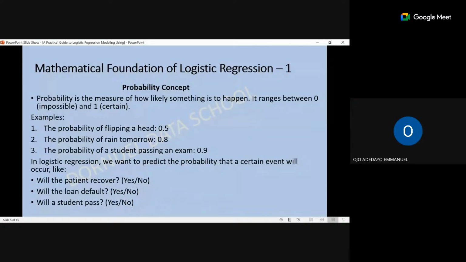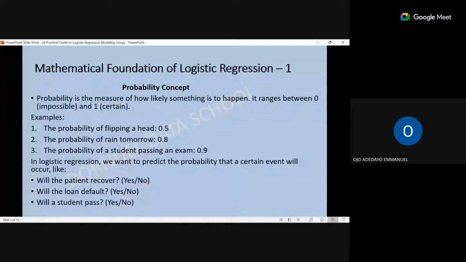But you, as a data scientist, should be able to know what is going on inside and what is coming out, so that if there is any error in the output, you should be able to know where to trace it to. So that is why I have to expose our eyes to this mathematical concept. If you want to be a good data scientist, you must have a little knowledge of mathematics, a little knowledge of statistics, and you have to be grounded in algebra, which is very, very important.